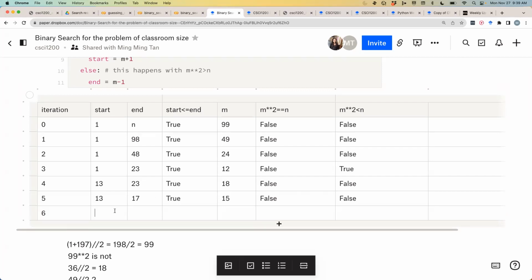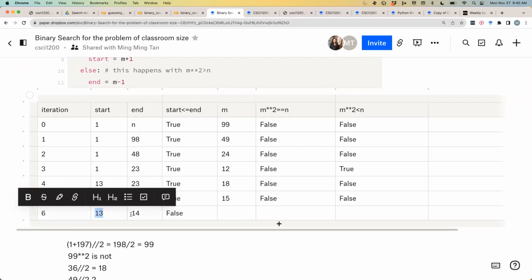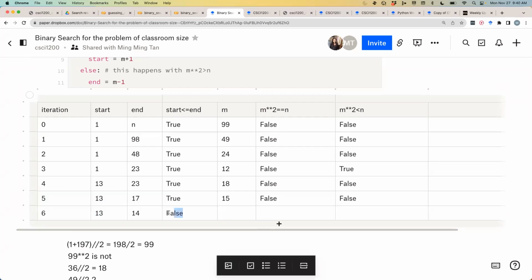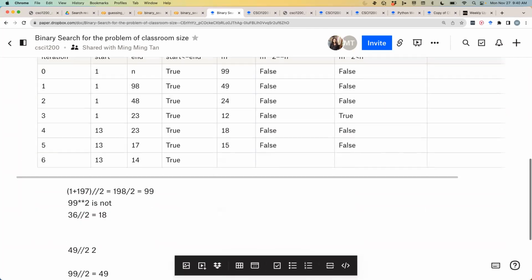Because this is false, start remains the same and n will be this number minus 1, which is 14. This is still true, and you take the middle value: 27 divided by 2, which is 13.